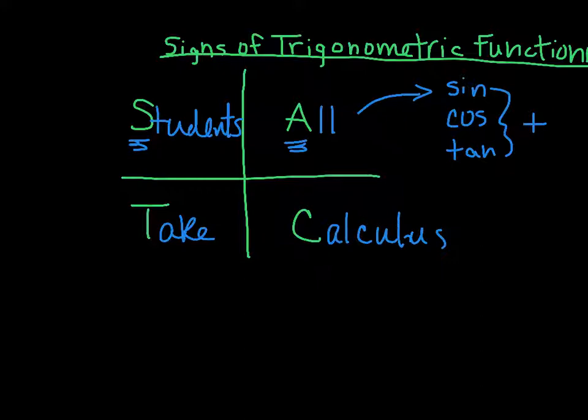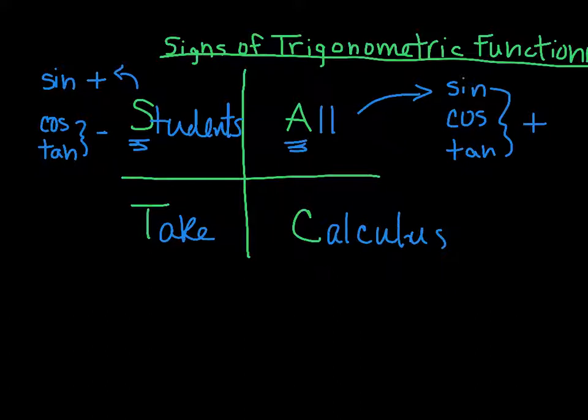What do you think is going to be positive in that quadrant? Begins with an S. So if you guessed it, you are right. Sine will be positive in the second quadrant. Okay, which means if sine is positive in the second quadrant, then cosine and tangent, those guys are going to be negative.